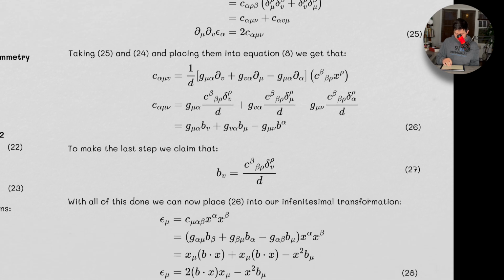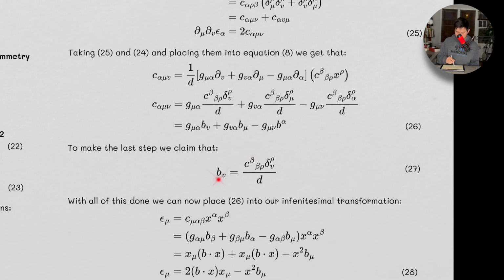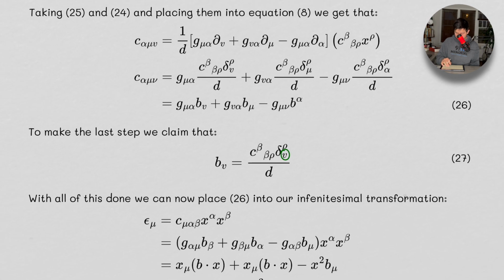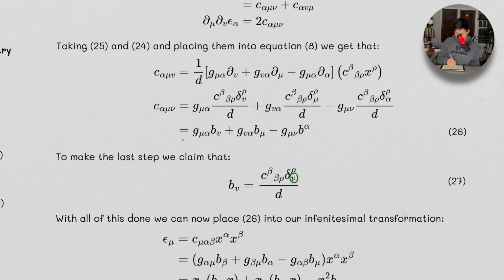And now we're going to say that B nu is equal to all this, right? A contraction over beta, contraction over rho, and we end up with this single index here. And so to condense this guy here, we use this to get this.